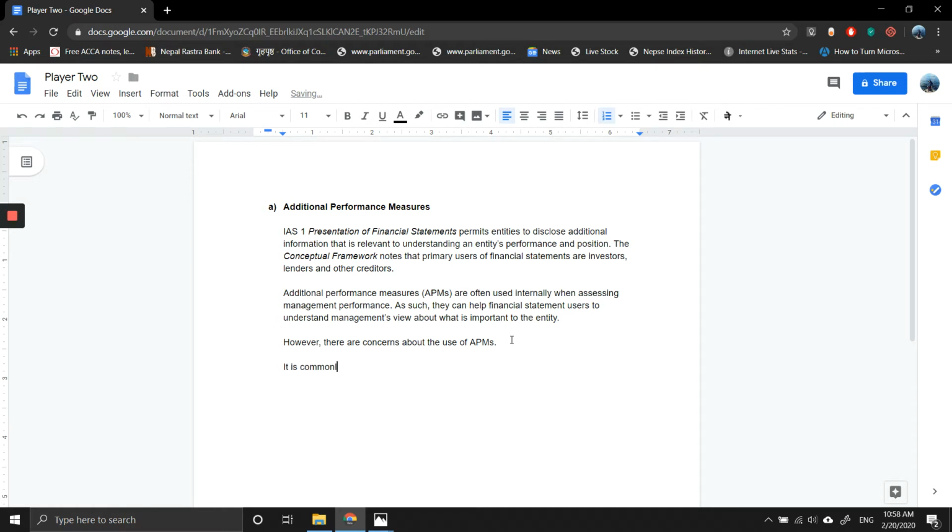It is commonly argued that APMs are used by management to disguise weak financial performance, which may mislead financial statement users.